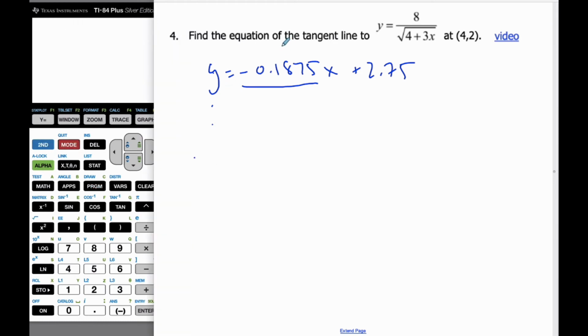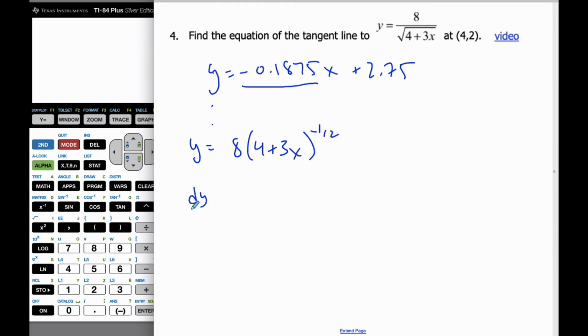But if I had to do it algebraically, I'm going to try and find the tangent line that way. I'm going to take y and rewrite it as 8 times (4 plus 3x) to the power of negative 1/2. Because when I pull this up to the top, it changes the exponent, and I can make it an exponent so I can use the chain rule.